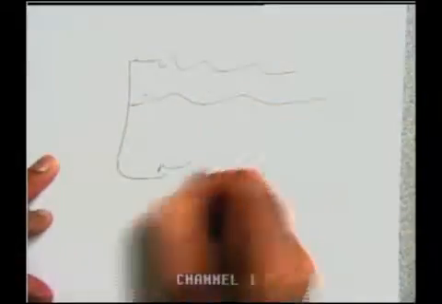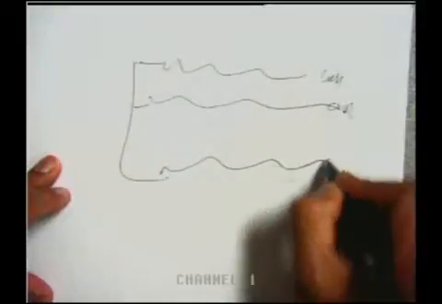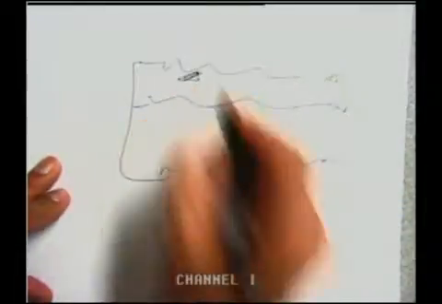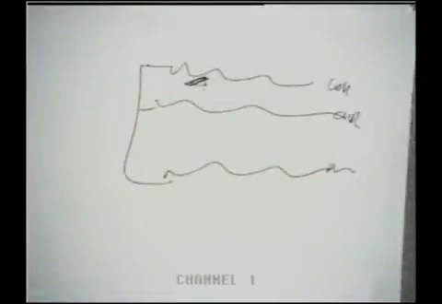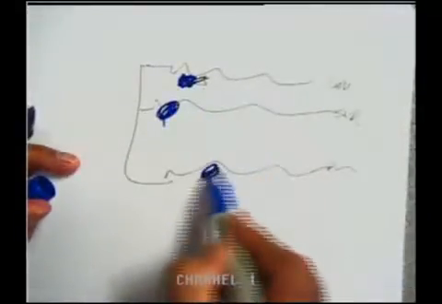I'll draw it. Suppose this is a triglyceride molecule, or the long chain fatty acid, a fatty acid ester. You get the bile, which I'll draw in a separate color. It will bind here.